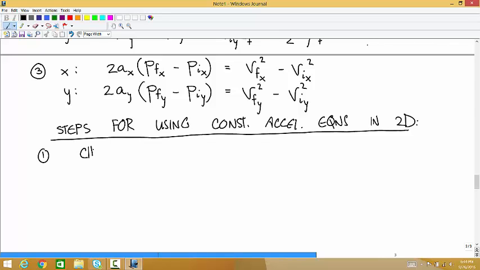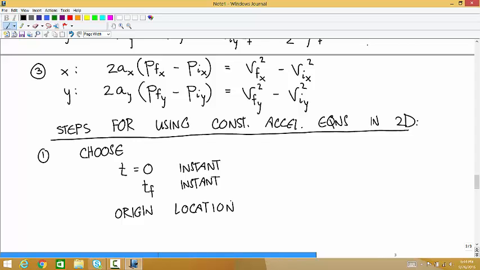So you have to choose an instant corresponding to time equals 0, an instant corresponding to time final, a location corresponding to the origin, and that origin is the 0, 0 of our coordinate system, and then a coordinate system orientation.